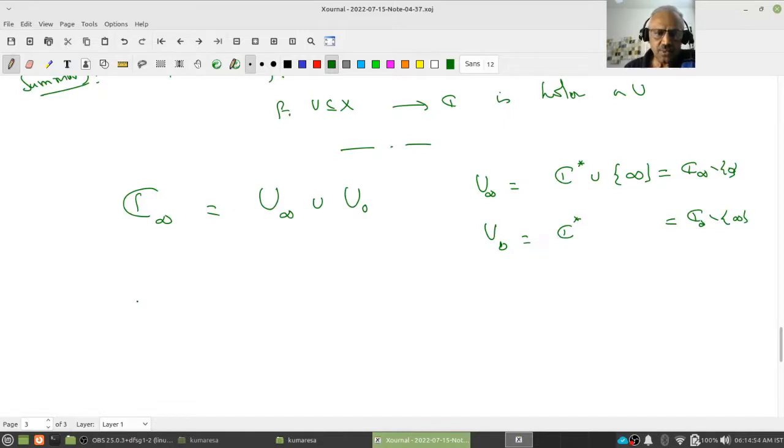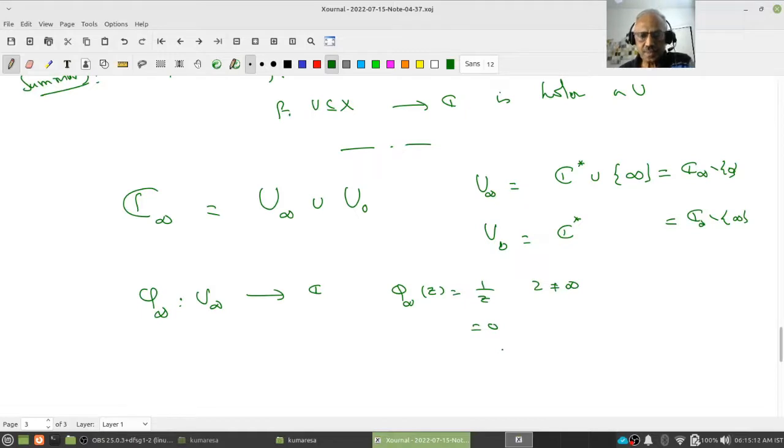Now I have a map. If I want to call it phi infinity from u infinity to c, what is the map? Phi infinity of z is 1 by z if z is not equal to infinity, otherwise 0. We have seen this is a homeomorphism.